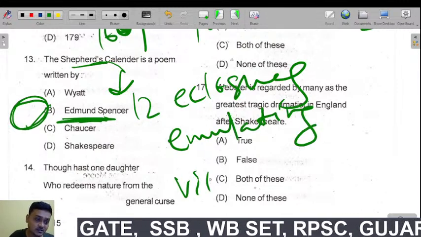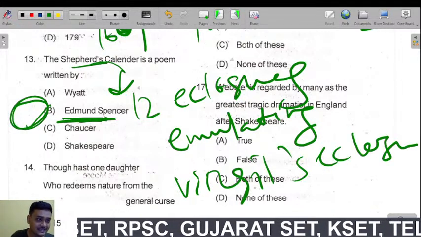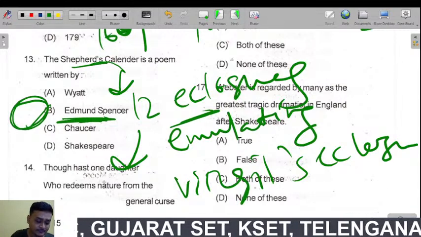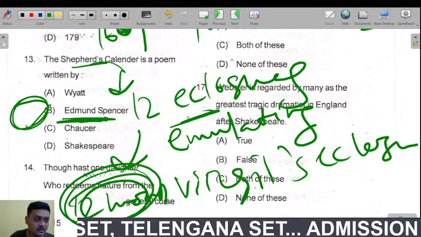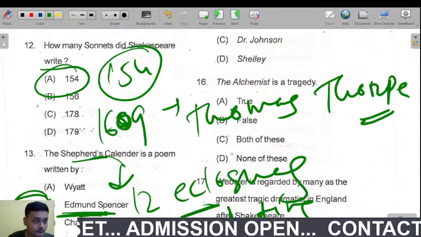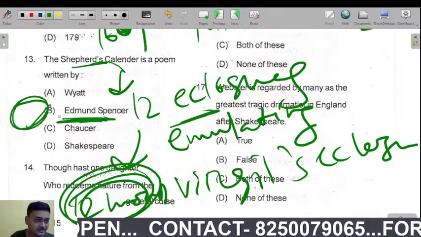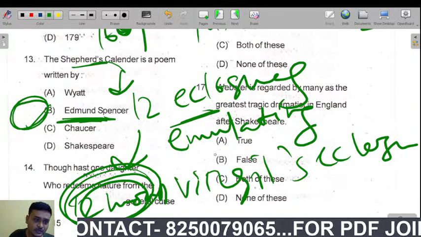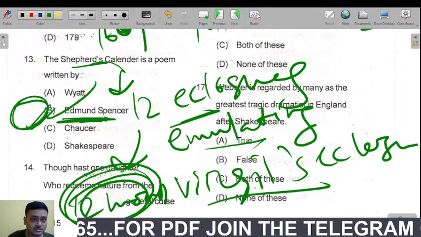Emulating Virgil's Eclogues. The 12 eclogues represent the 12 months. So 13B, Edmund Spenser, exactly.